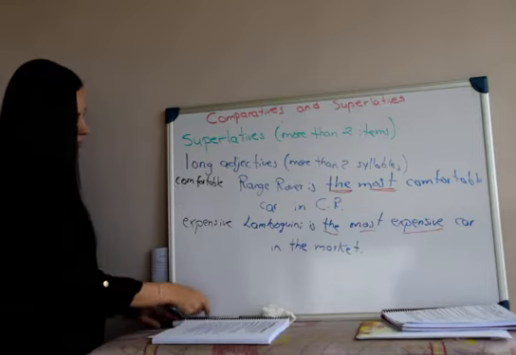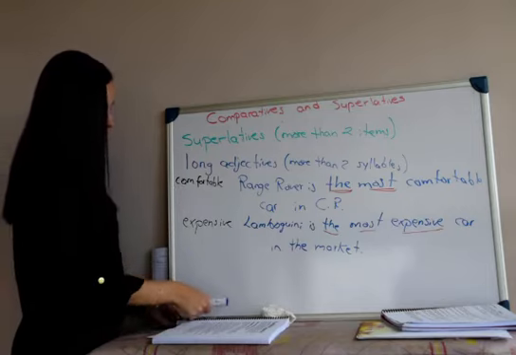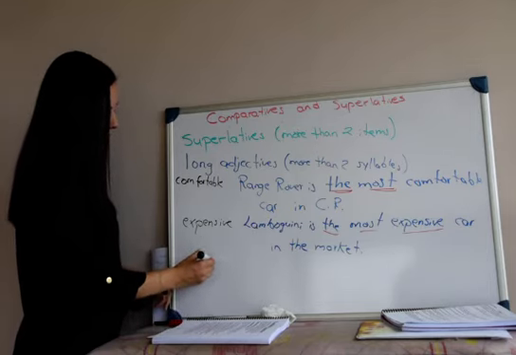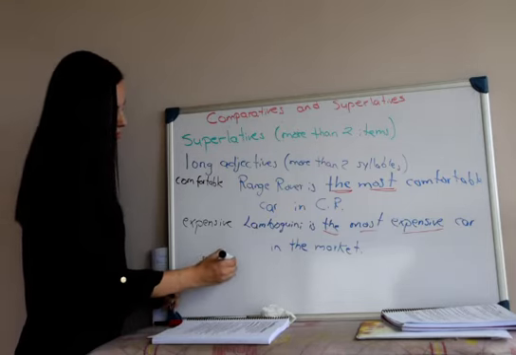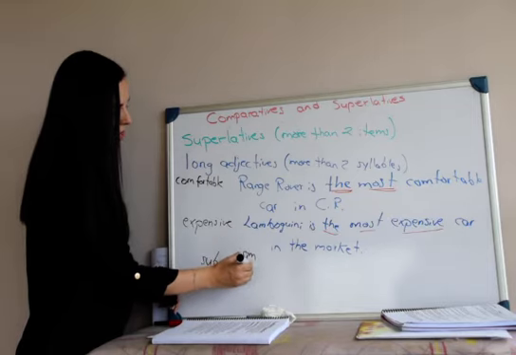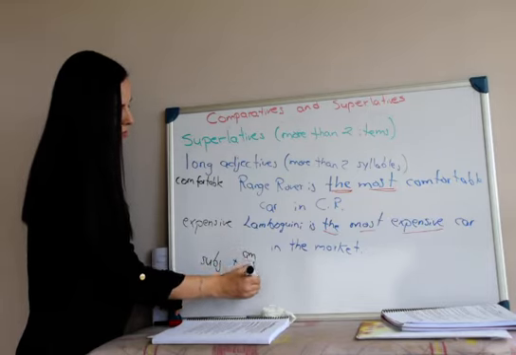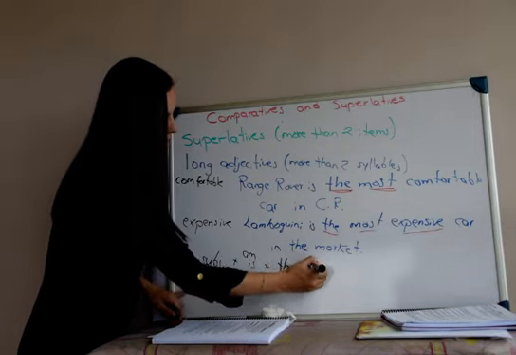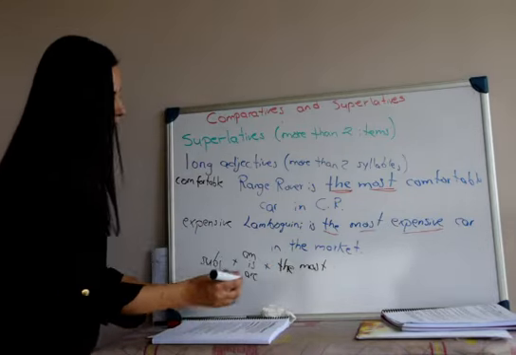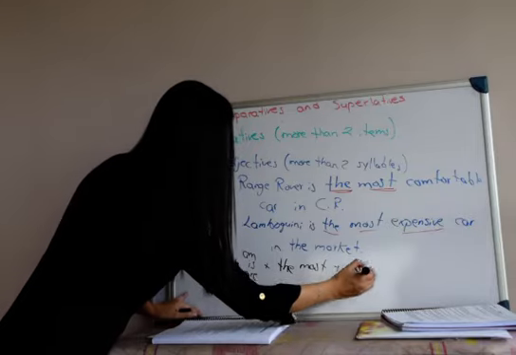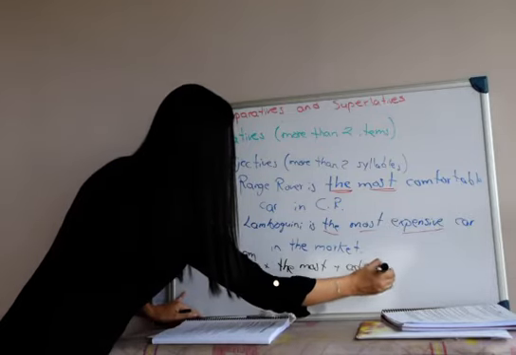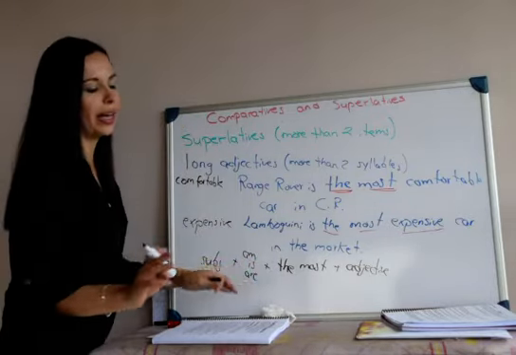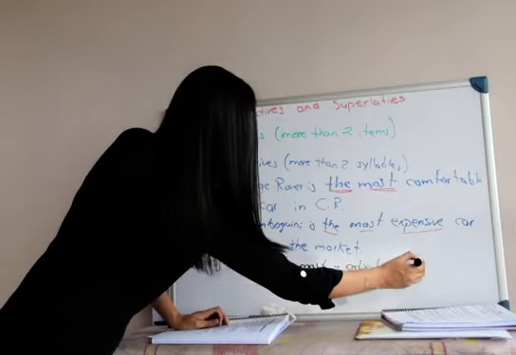So again, the structure is subject plus verb to be plus the superlative, which in this case is the most, plus the adjective, simple adjective, we don't have to add anything to the adjective, and the complement.